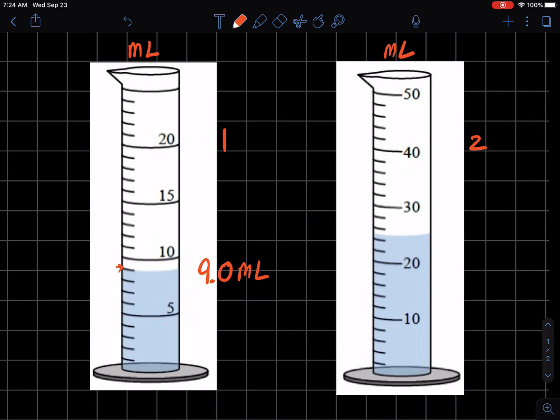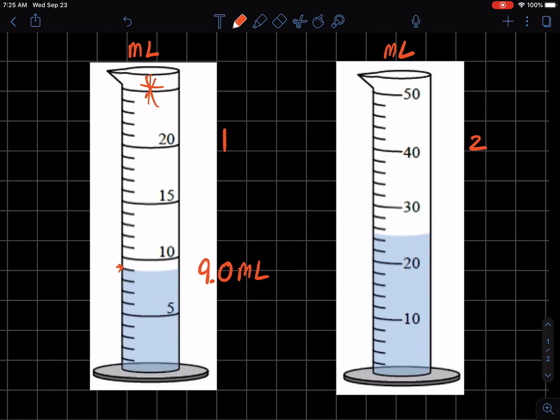Well, 9.5 you could say to be exact middle, but there's also 9.2, 9.4, 9.6, 9.7. You can guess up to 1 decimal place whenever you go up by 1s. And this is what all the graduated cylinders in my class will go up by. All the graduated cylinders, or almost all of them, will go up by 1s, and all the measurements in lab will have only 1 decimal place.